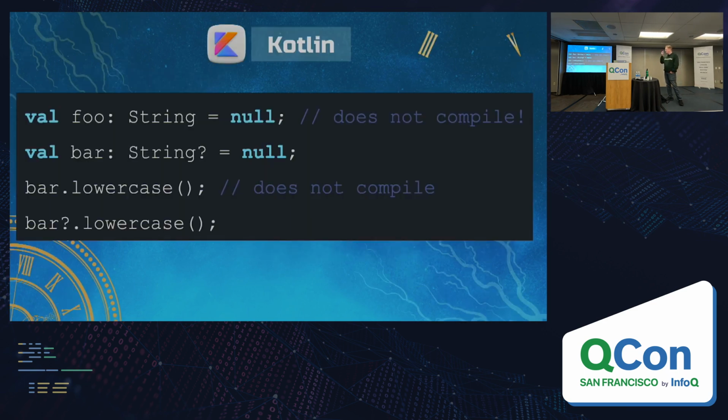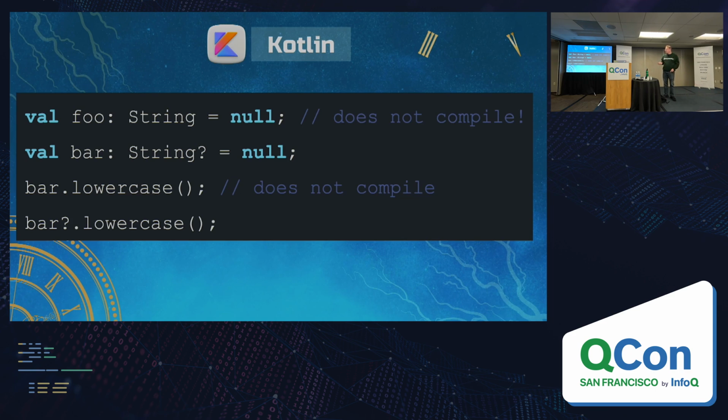So a lot of the newer languages like Kotlin have started building in support for almost taking away support for assigning nulls to normally typed variables. So in Kotlin, if you declare a variable as type String, you just can't assign a null to it. That won't compile.